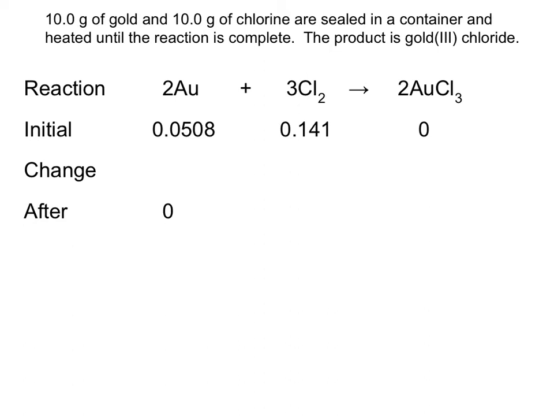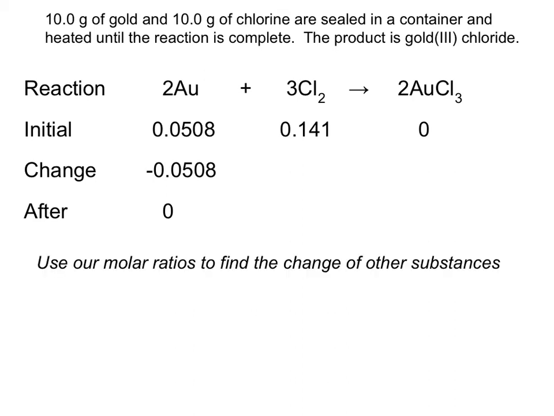And so since gold is our limiting reactant, we can fill in a 0 amount for the after for gold. We're going to have 0 left because it is our limiting reactant, and it will all be used up. This means that we know the change in gold must be minus 0.0508. We can then use our molar ratios to find the change in moles of our other substances.